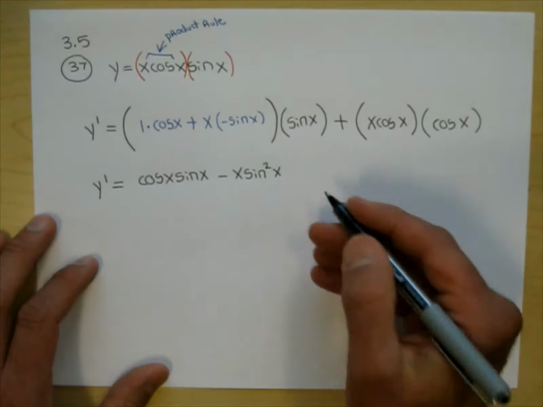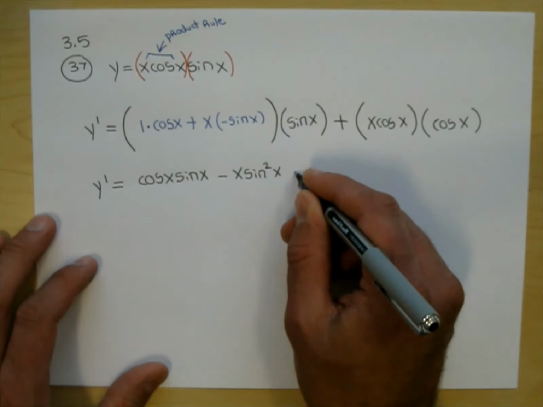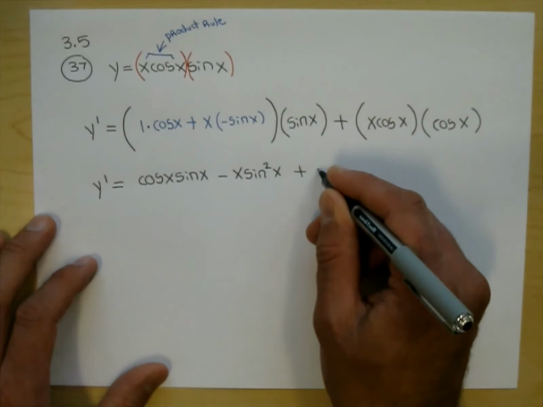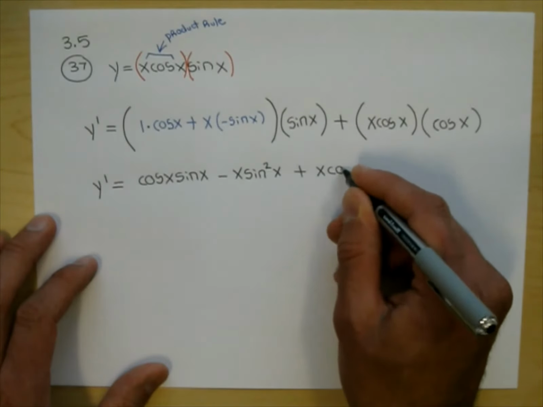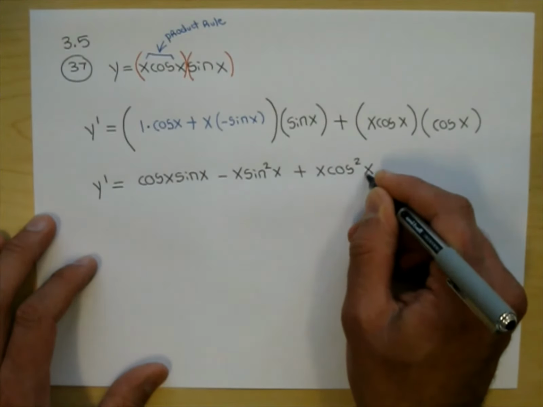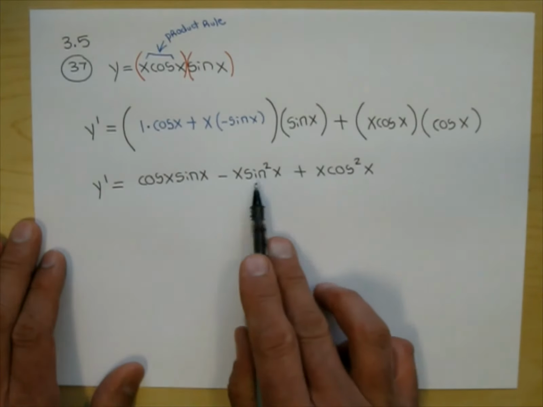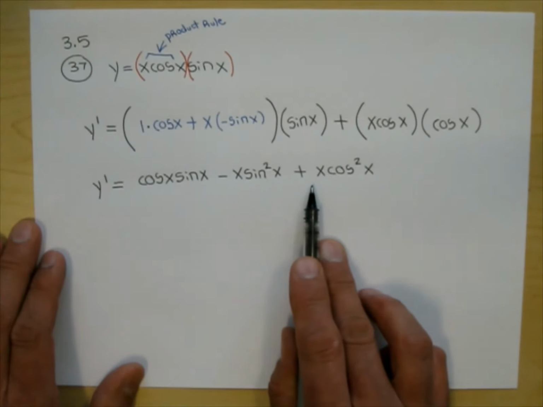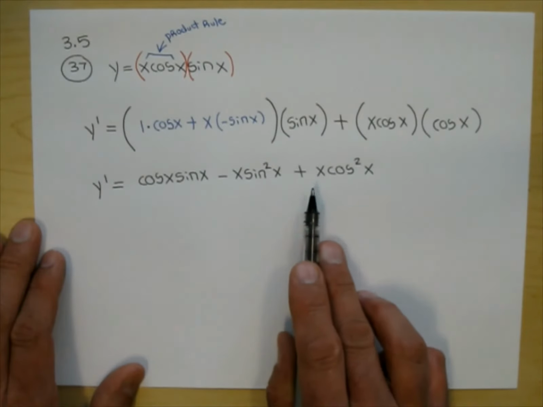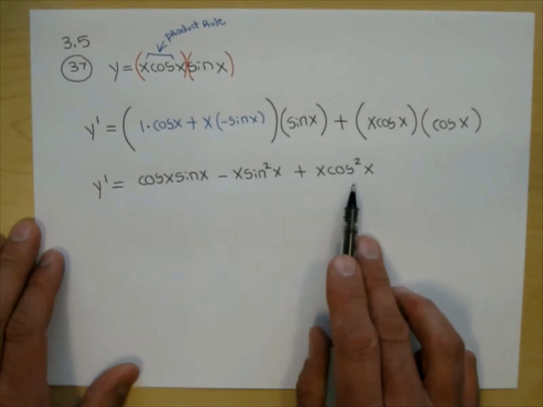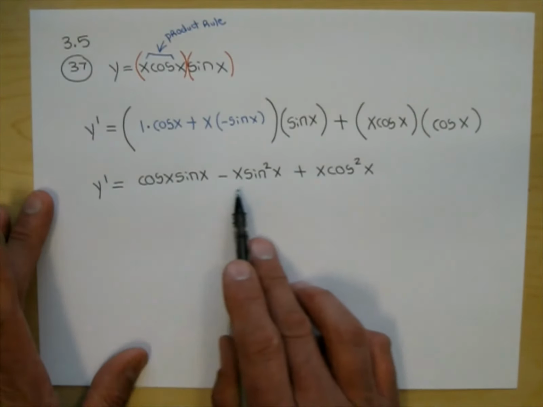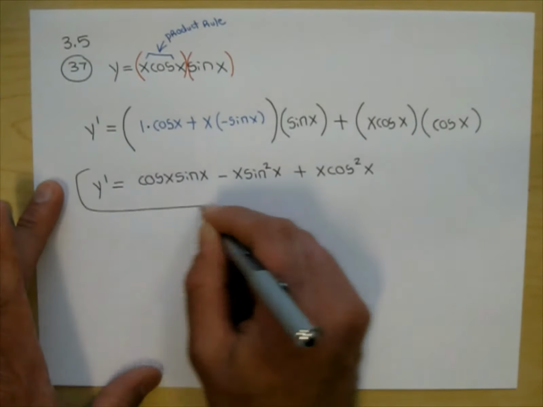And then over here is going to be plus x cosine squared x. Now, I do see a sine squared and a cosine squared, but this one has a negative, this one has a plus. Your book, when they write their answer, they're going to do some trig identity on there. I'll come back to that. But right here, this here is acceptable.